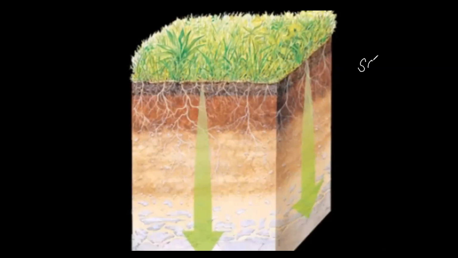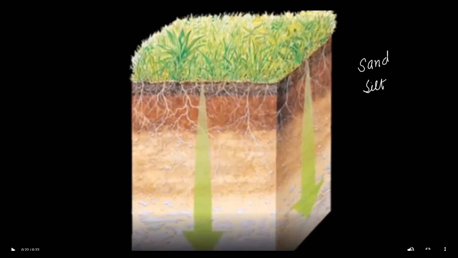So what did I say? We have sand, we have silt and clay. With sandy soil, when you pour water, the water can move easily through the particles. Clay is so sticky that it doesn't allow the water to pass through.